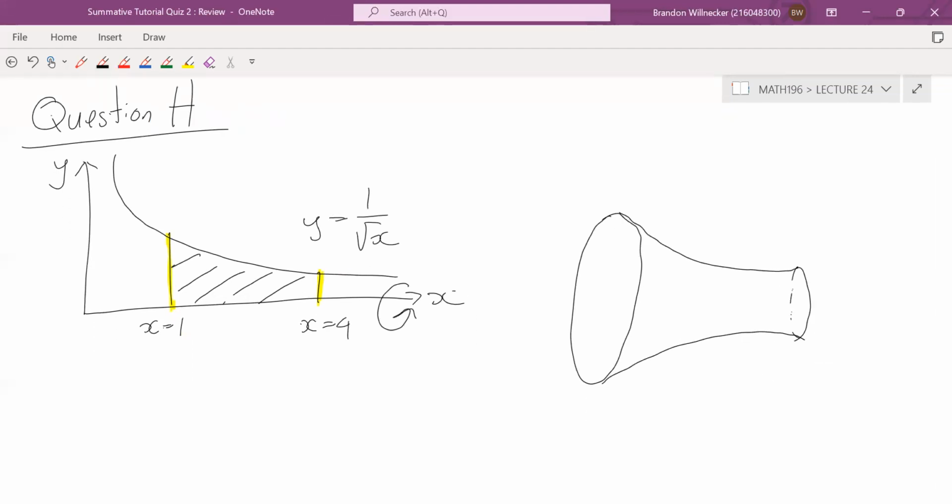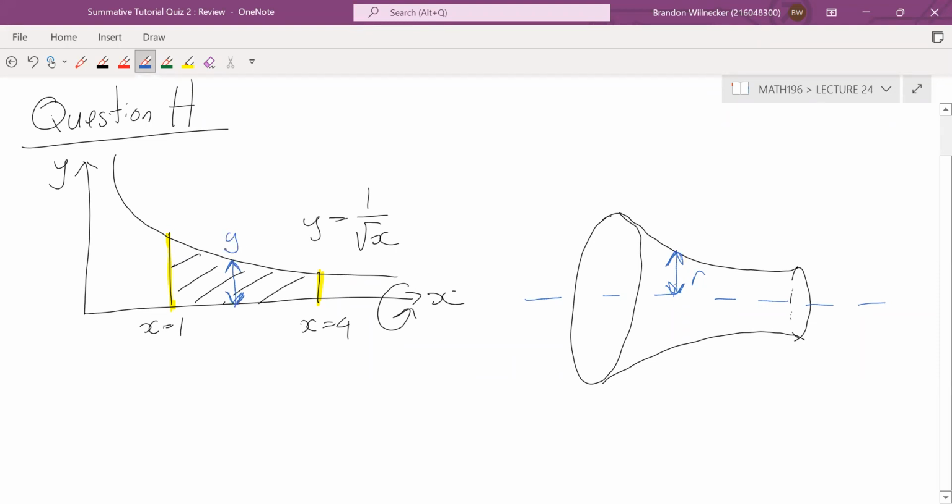Now we want to find the volume. To find the volume, we need to know the radius. If we take a look at our shape here, if I draw the rotation axis there, the radius is the distance from the x-axis out to the surface. So if we go back to our picture, this distance is going to be the radius.